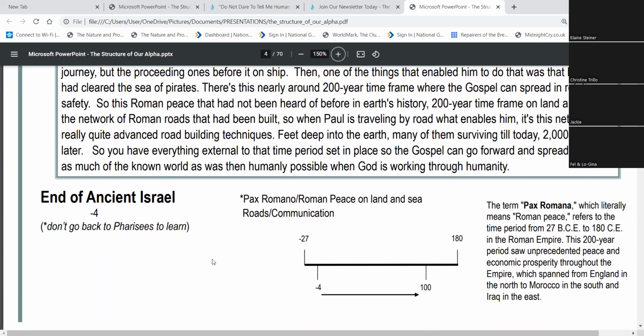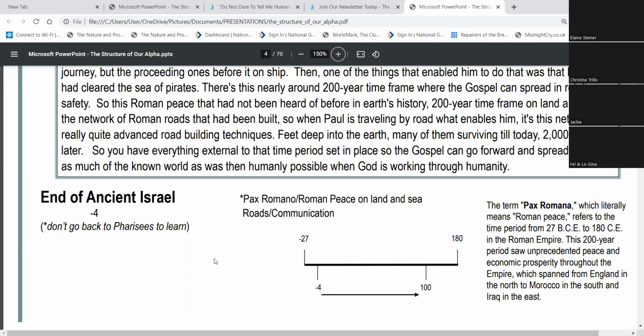So you have the line here showing the time, peace on land and peace on sea, between 27 BC and 100 AD. That's nearly 200 years. And Christ was born.